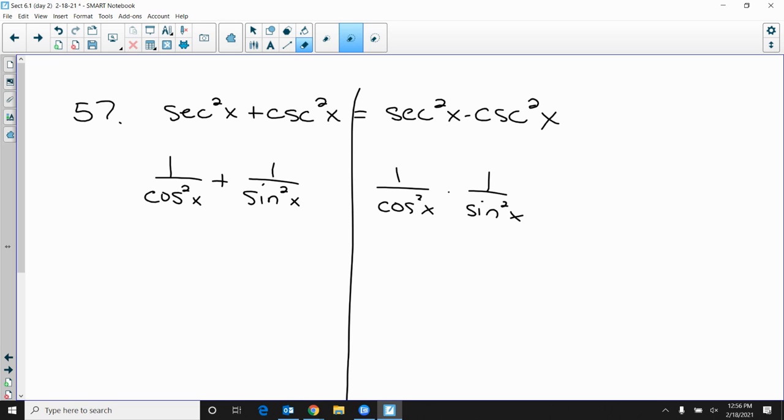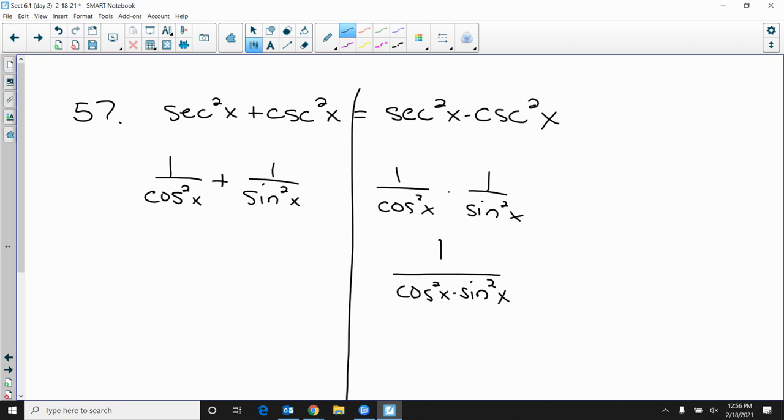When you're multiplying on that right-hand side, 1 over cosine squared times 1 over sine squared just becomes 1 over cosine squared x times sine squared x. I can't really do anything else with that, at least at this point, so just leave that. Let's work on the left-hand side.